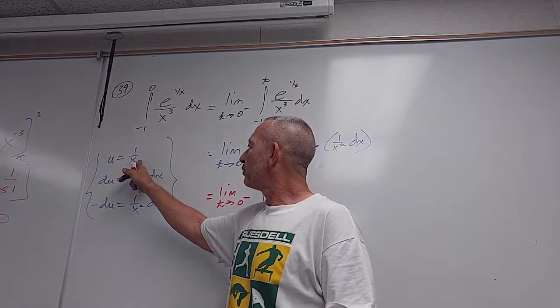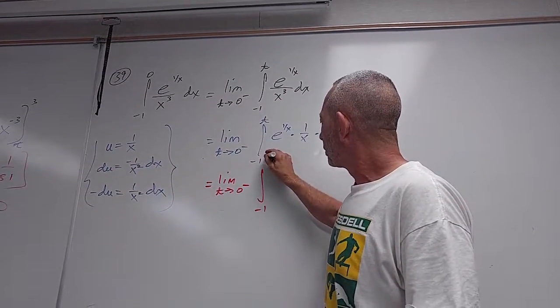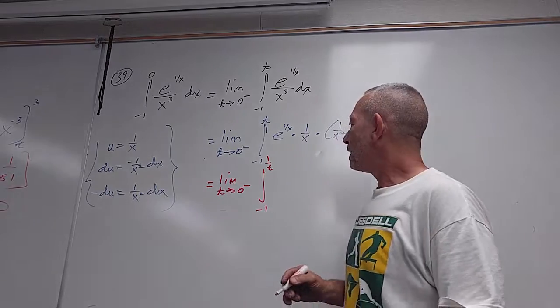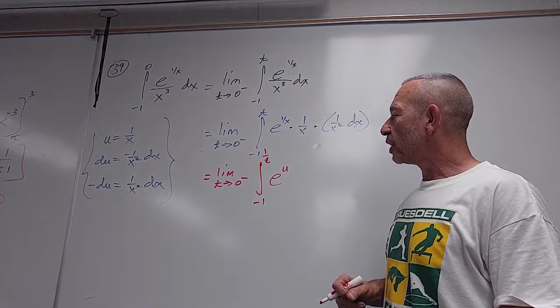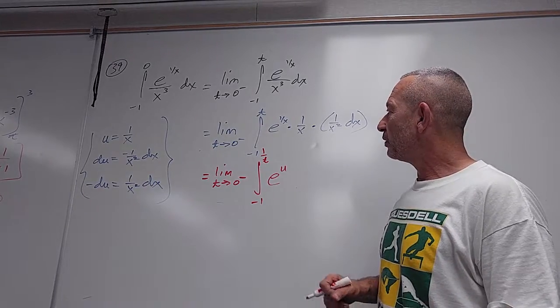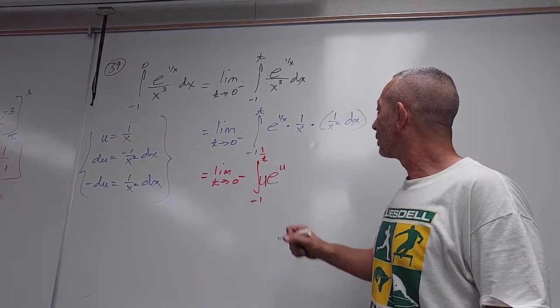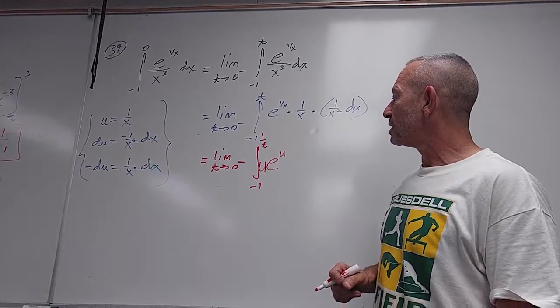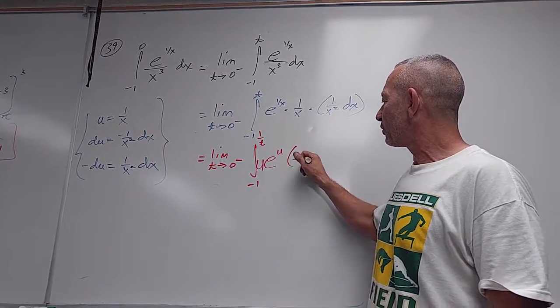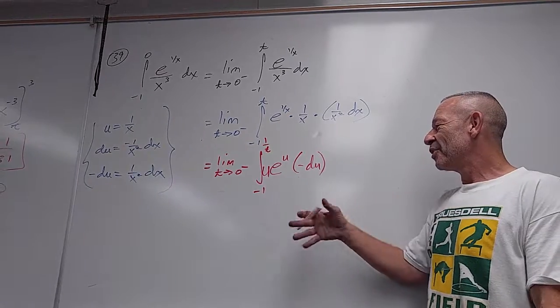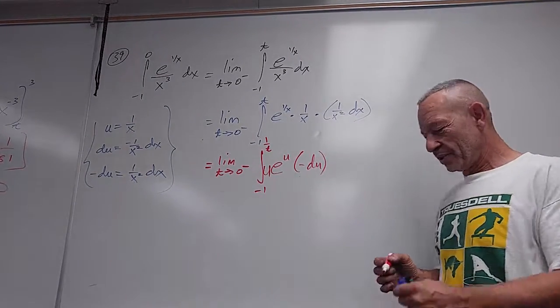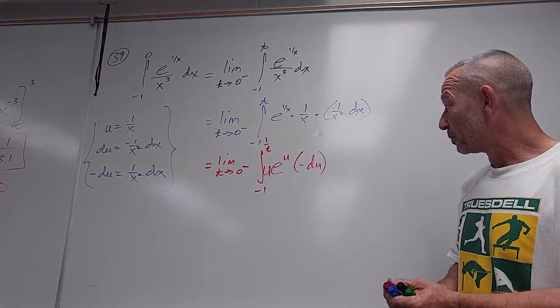When x is t, then u is 1 over t. e to the 1 over x becomes e to the u. 1 over x is u. And 1 over x squared dx is minus du. So once again, this is one that we could use the table on. Although let me rewrite it for you once.